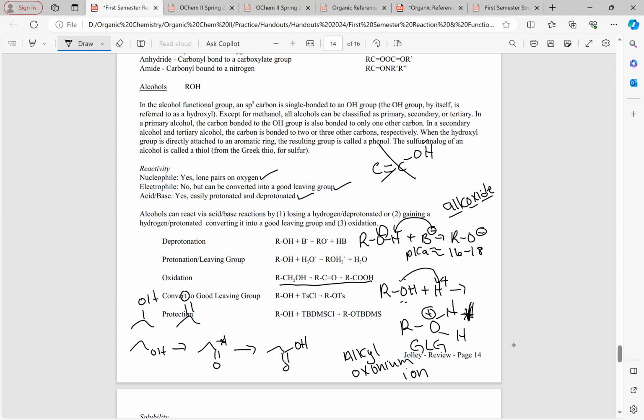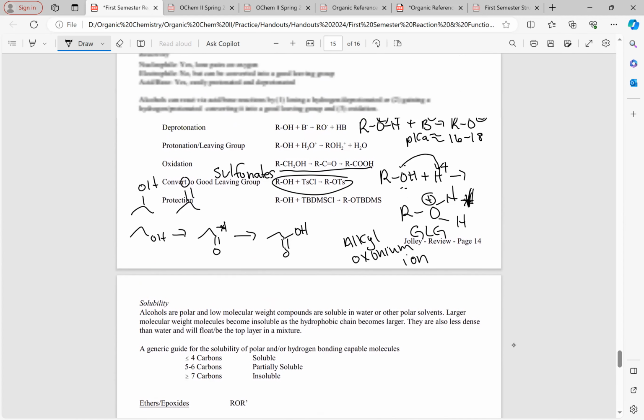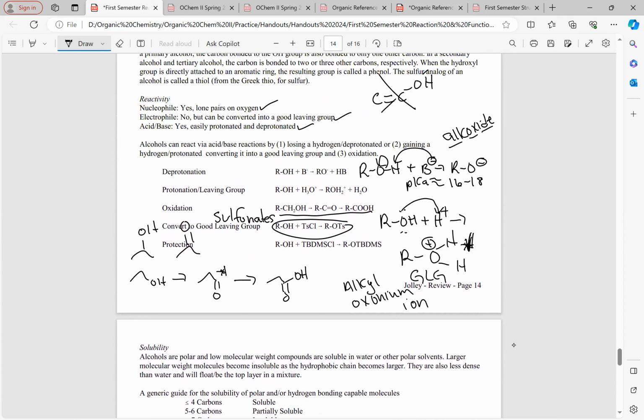So maybe that's not the best way to make it into a good leaving group. And so we're going to use a protecting group. These are the sulfonates. And I'll go to the reference sheet in a moment and show them to you. But generically, let me see how much room I've got. Not, so I'm going to go over to the whiteboard.